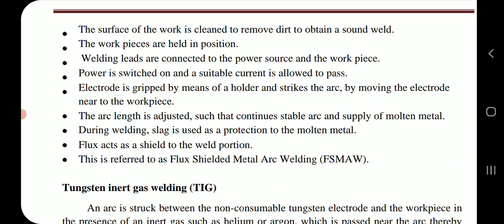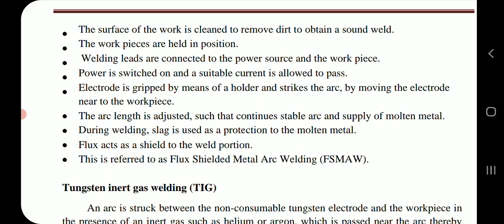The surface of the work is cleaned to remove dirt to obtain a sound weld. The workpieces are held in position. Welding leads are connected to the power source and the workpiece. Power is switched on and a suitable current is allowed to pass. The electrode is gripped by means of a holder and strikes the arc by moving the electrode near the workpiece.